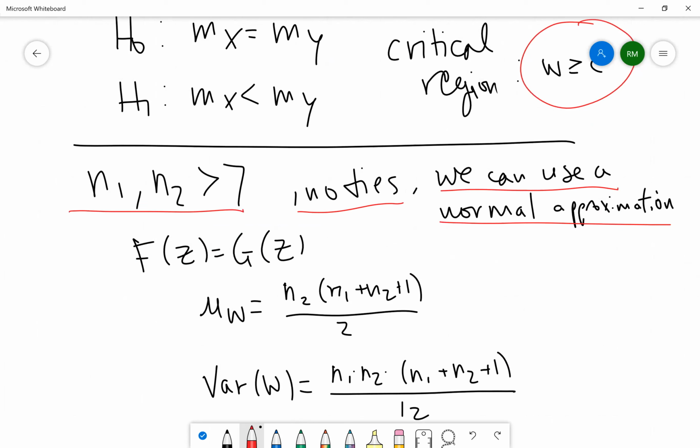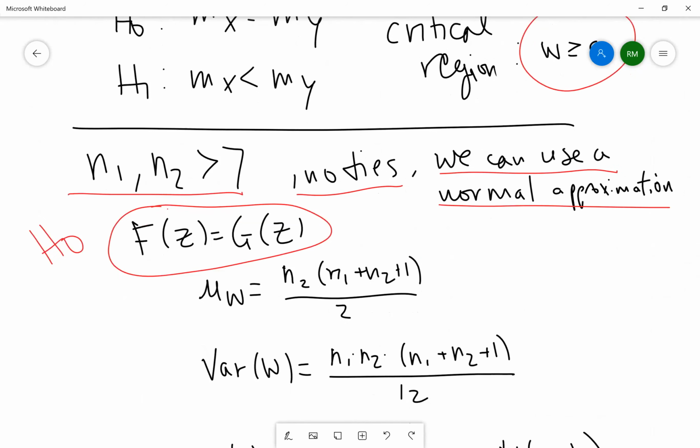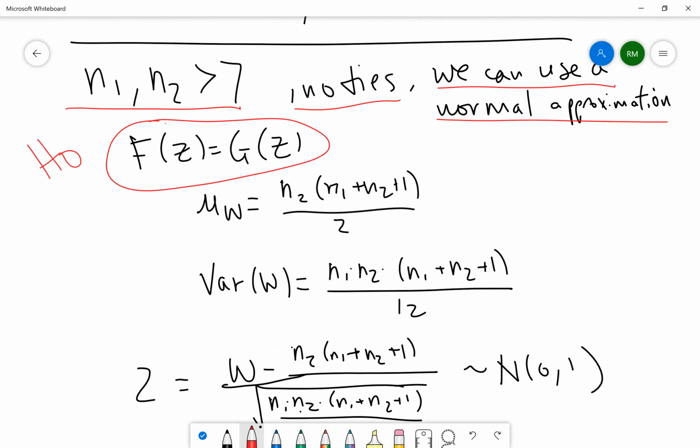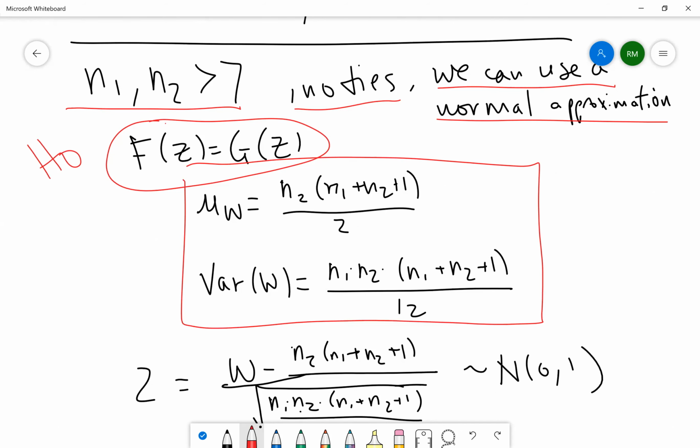So under the null hypothesis, you see this thing I've circled right here. This is the assumption of our null hypothesis that the X distribution and the Y distribution are the same. We get a normal distribution with this mean and this variance, where n1 is the sample size of the X values and n2 is the sample size of the Y values.